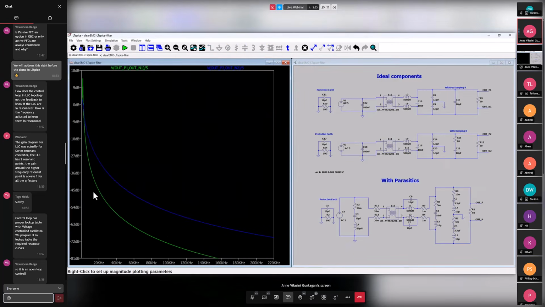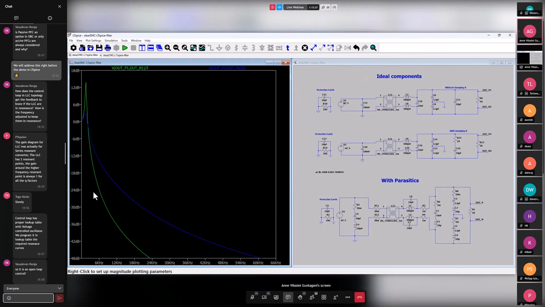So first we have plotted the transfer function between the first one, which is without the damping resistor, and the blue one, which is the transfer function with respect to frequency with the damping resistor.